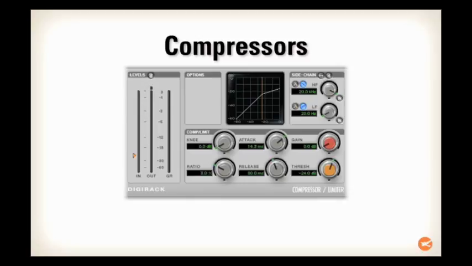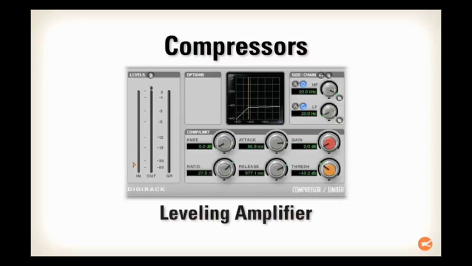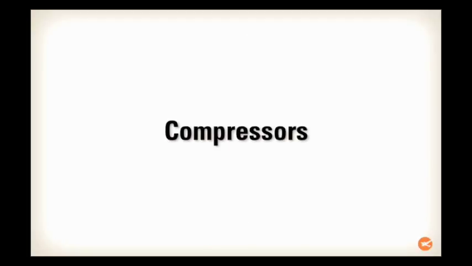With attack and release times set medium to slow, and higher ratios and lower thresholds, compressors are said to be acting as leveling amplifiers. Compressors can also increase the perceived loudness of a sound without increasing its peak level, often resulting in a tighter sound.